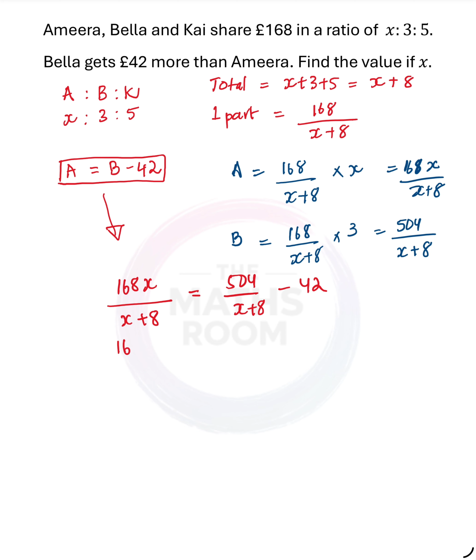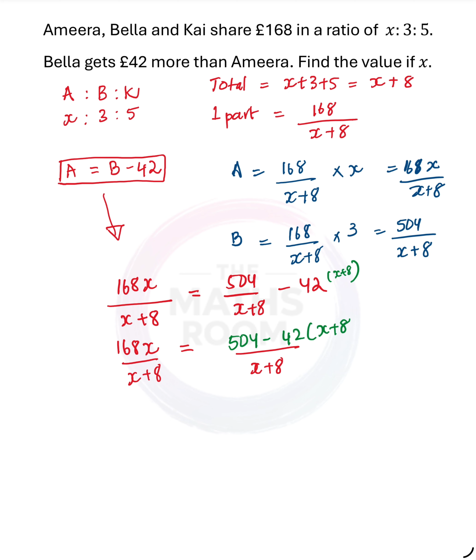Now, before I can do anything, 168x over x plus 8, I'm going to make my denominator the same here, x plus 8, and I'm going to times this by x plus 8 to make my denominator the same. So I've now got 504 take away 42 times by x plus 8.